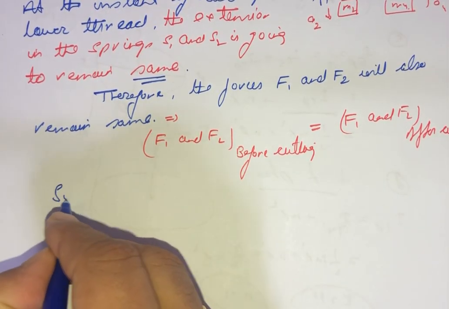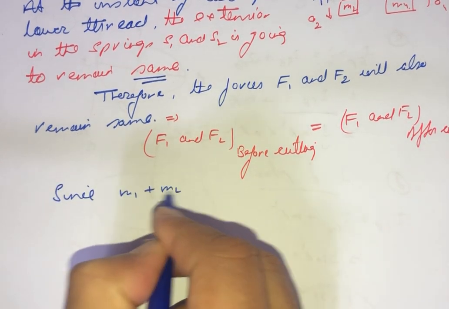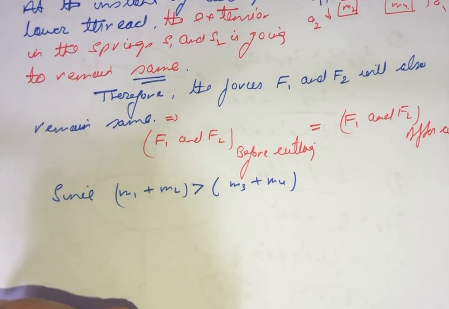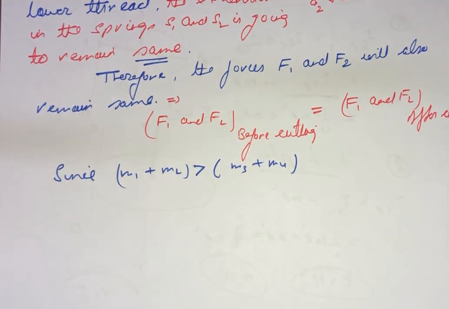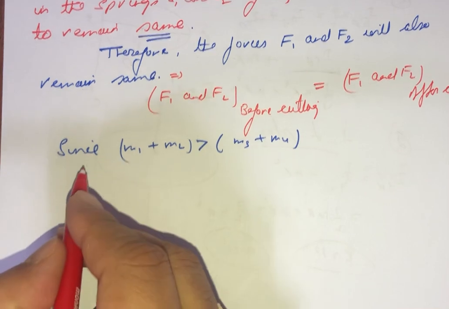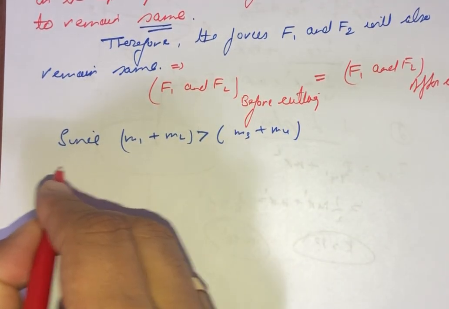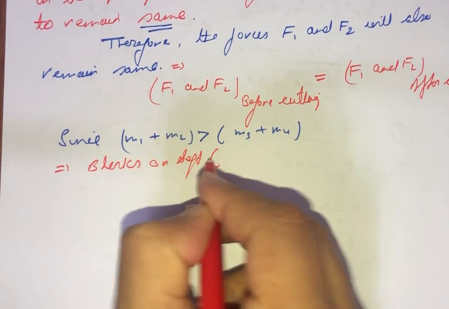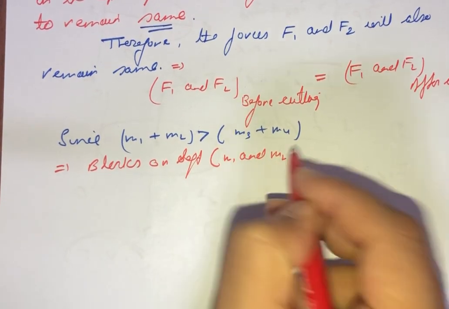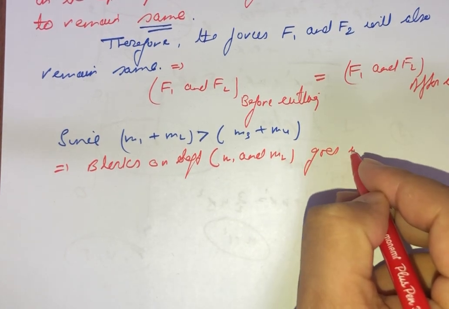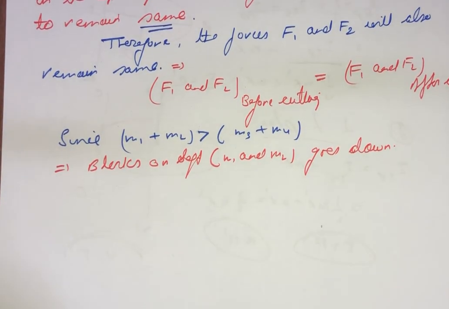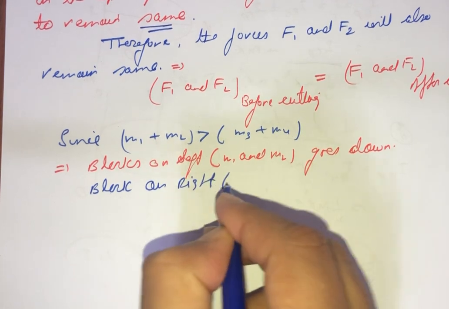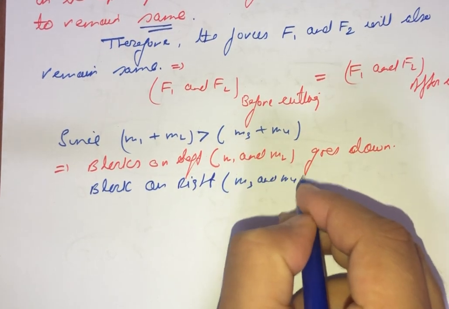Since M1 plus M2 is greater than M3 plus M4, blocks on the left, that is M1 and M2, go down, and blocks on the right, M3 and M4, go up.